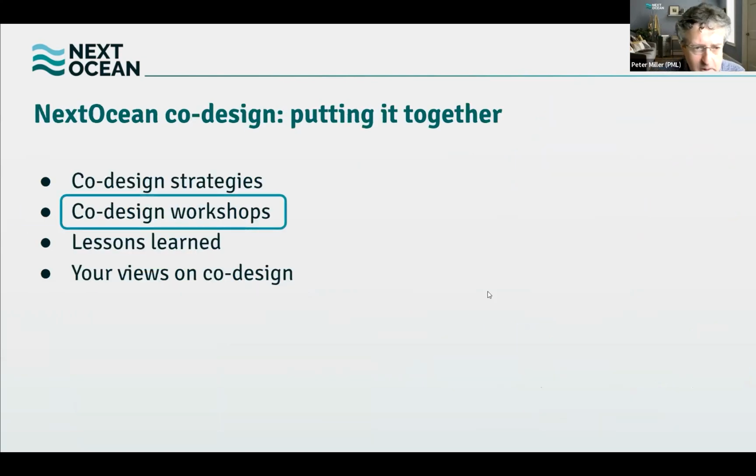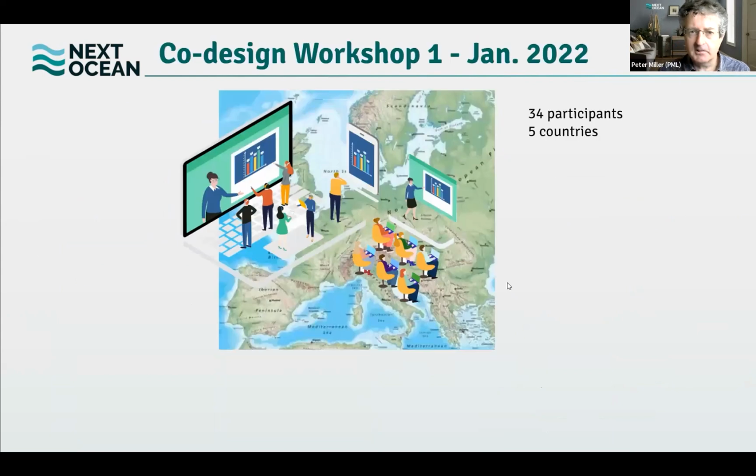So that's a little bit about the strategies. So what did we actually decide to do? Our first workshop was in January, and because of the COVID situation in place by then, we realized we couldn't have an in-person meeting. So we planned instead to have an online meeting.